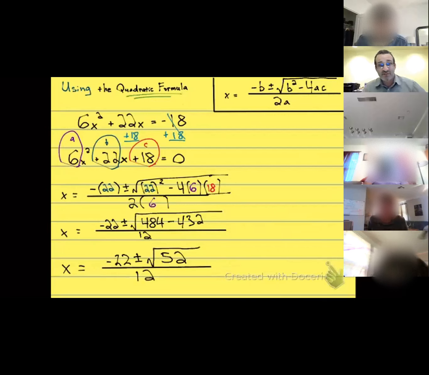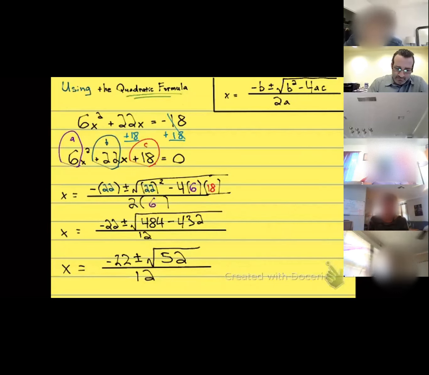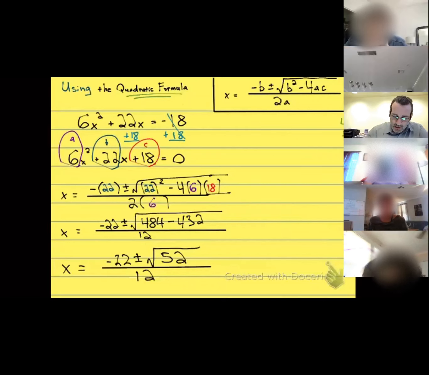Okay, and I could be finished at this point, but I need to look and see if I can simplify the radical. Do I know the square root of 52? I do not. Let's think about our squares and see if any of our squares go into 52. 4, 9, 16, 25, 36, 49, 64.